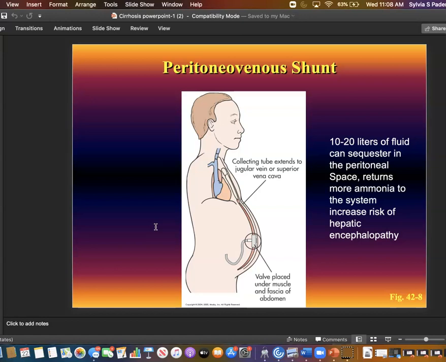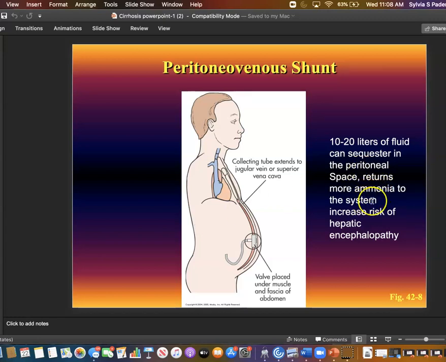This is one of the other procedures that is done for patients. They put in a shunt that drains the fluid away. But the problem with this is that it might end up bringing in waste into the circulatory system. Oh, there it is.